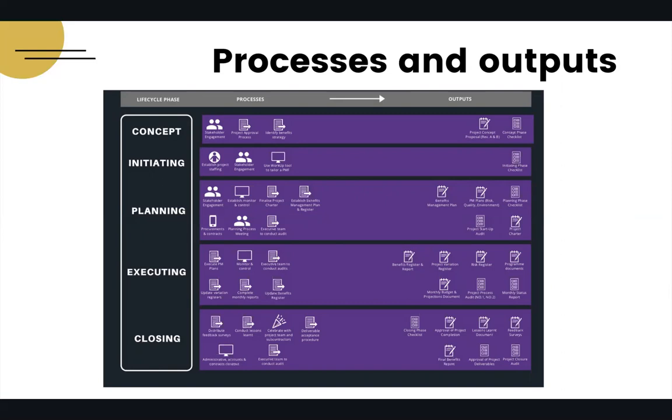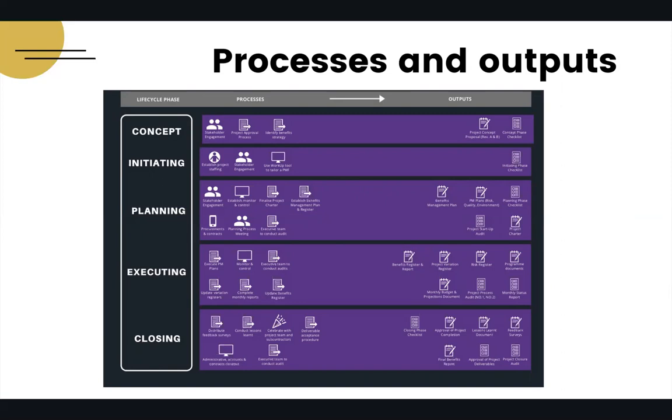So once your idea is set, then you need to get approval for it. And you also need to identify the benefits of the project as well. So that's really important for organizations that are not for profit. If you're starting a project, you need to think about the benefits that it will have for the community.